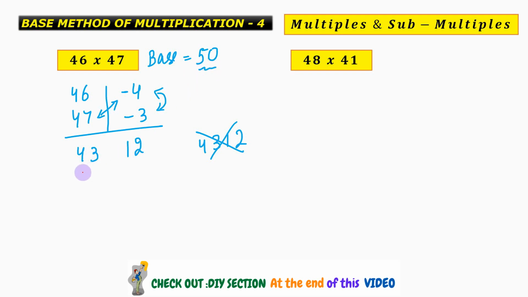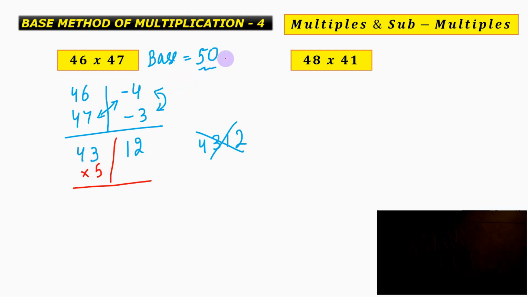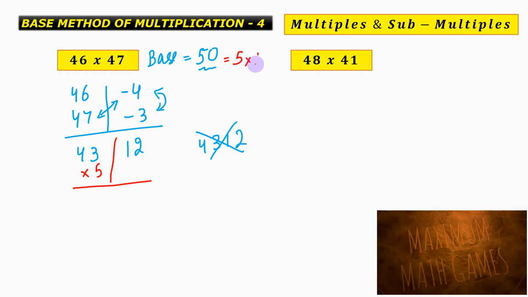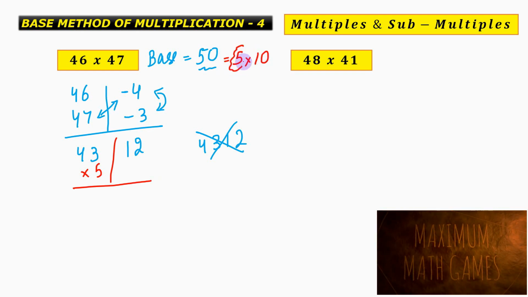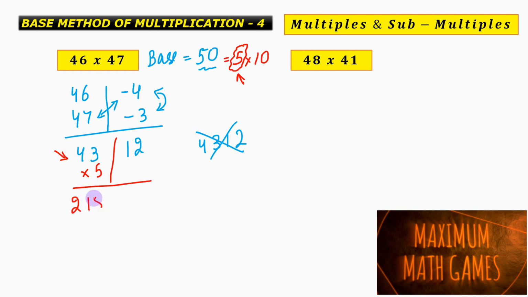So now we multiply this quantity by the number 5 because 50 is equal to 5 into 10. So 43 into 5 is equal to 215 and then we have 12.